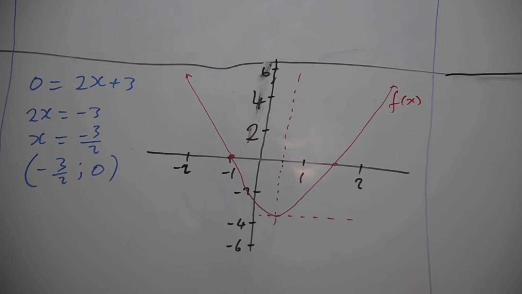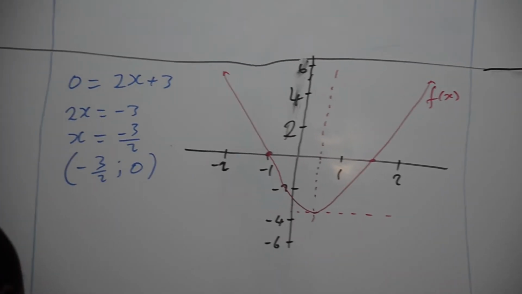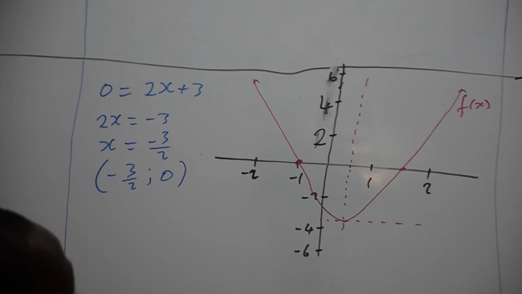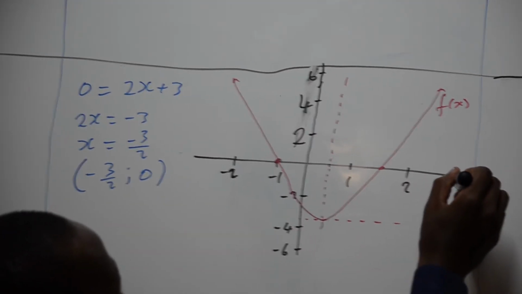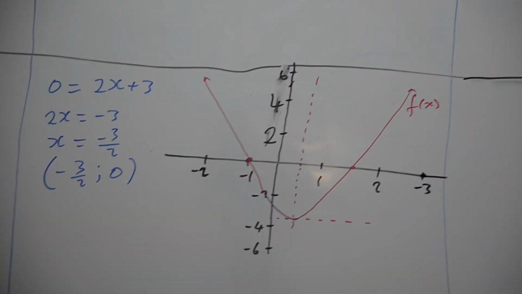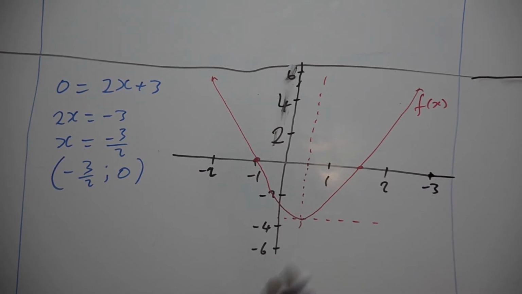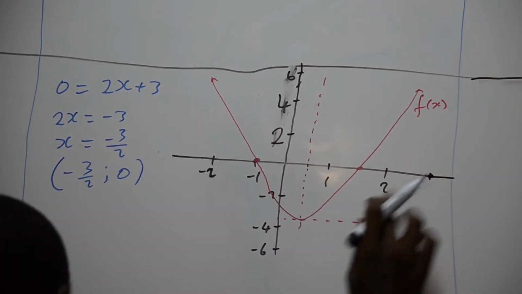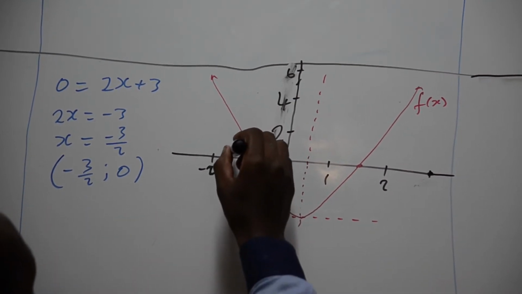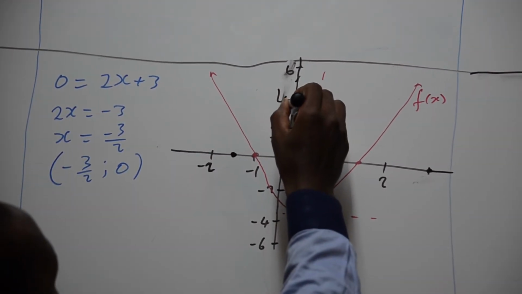Then we draw our straight line 2x plus 3. It has an x-intercept of minus 1.5 and a y-intercept of 3. The y-intercept is 3 here. The x-intercept is minus 1.5, so the x-intercept is here. Then the y-intercept is here.